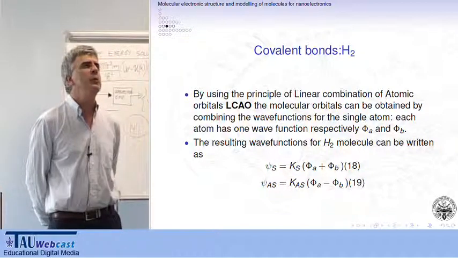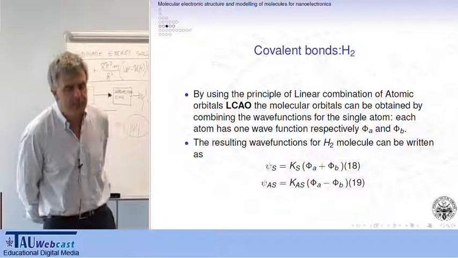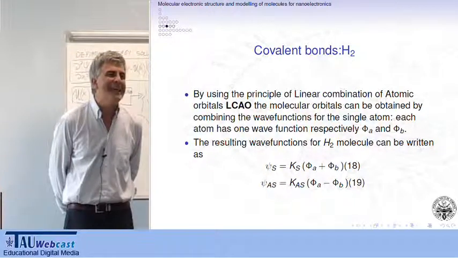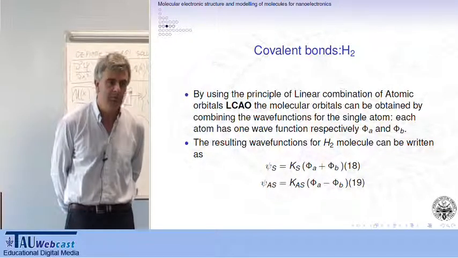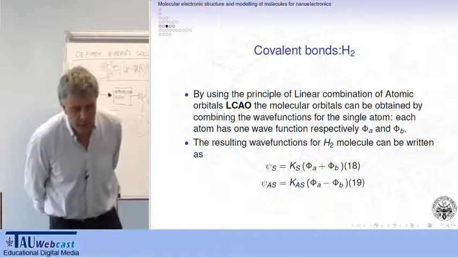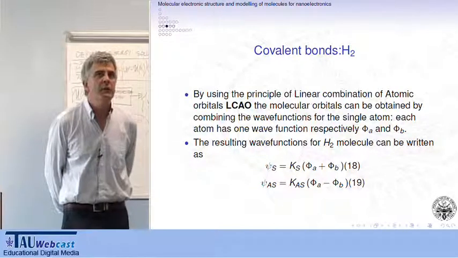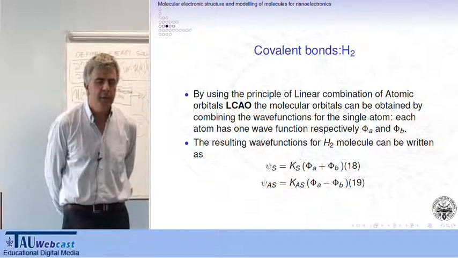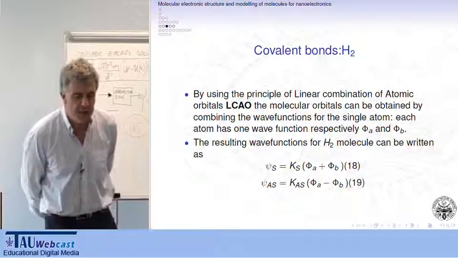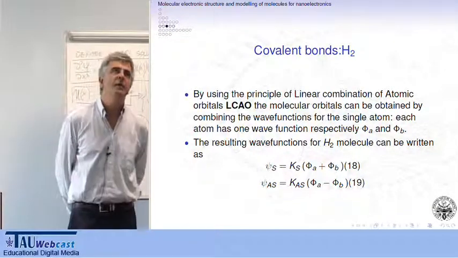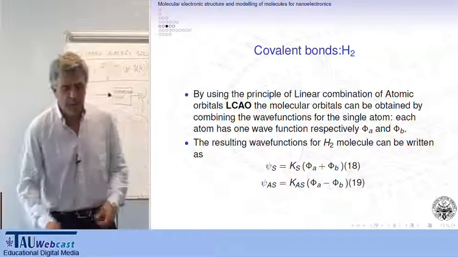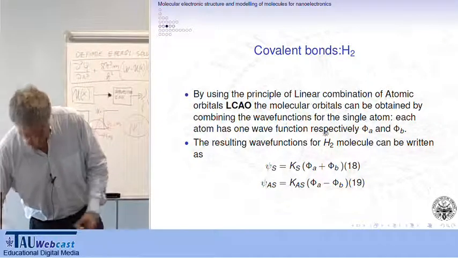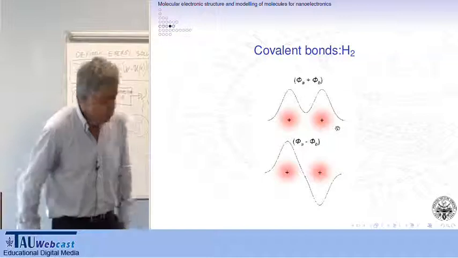So now we can try to draw this kind of solution. It's very simple because, as I said, the atomic orbitals have been exactly derived from the Schrödinger equation, the wave function equation. So we know the mathematical expression for orbital S for hydrogen A, and the wave function of orbital S for atom B. Now we can produce the molecular orbital, and we can do that in this way.